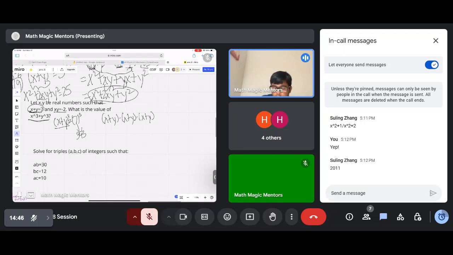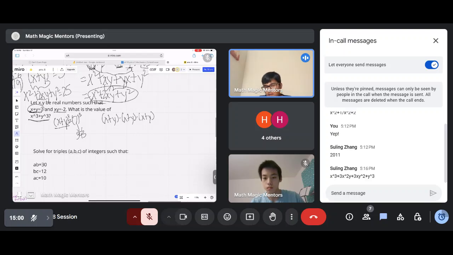Using what we learned before about squaring a sum, x plus y squared is x squared plus 2xy plus y squared. So I can skip a step and say x squared plus 2xy plus y squared, times x plus y, because this is just going to lead us to this. We can backtrack that way.